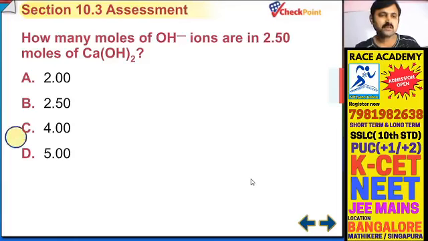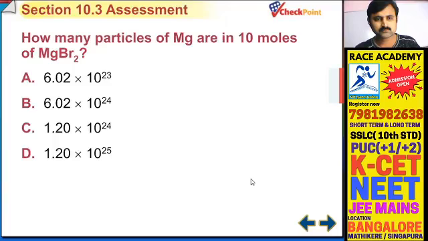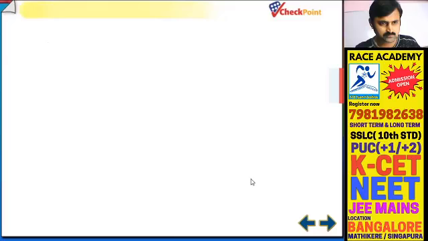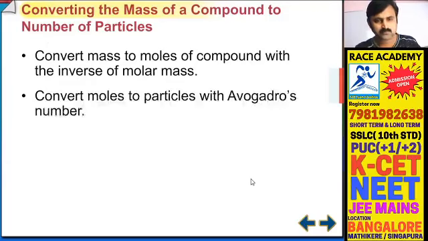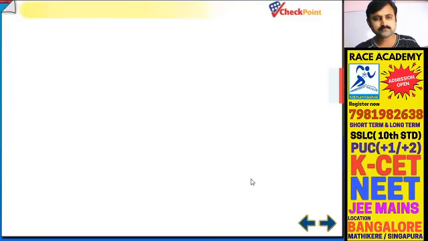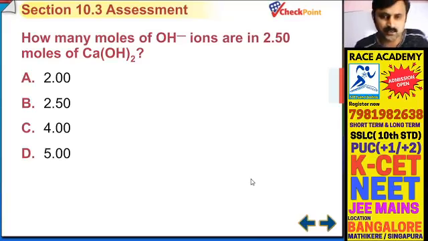Now we'll see a problem to understand this. How many moles of OH- ions are in 2.5 moles of calcium hydroxide?